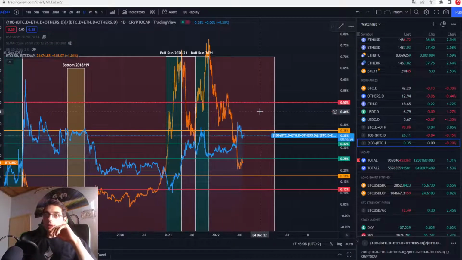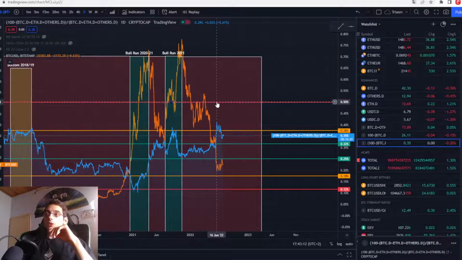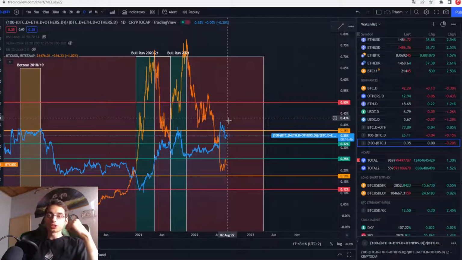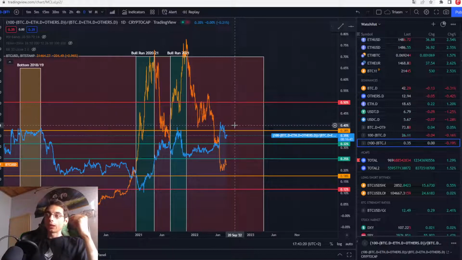But in the last cycle we got also above that number. I don't know if in this cycle we're going to see that, because most things change, and we have a different market cap for every single crypto asset. We have different behavior from investors, and that leads the charge.